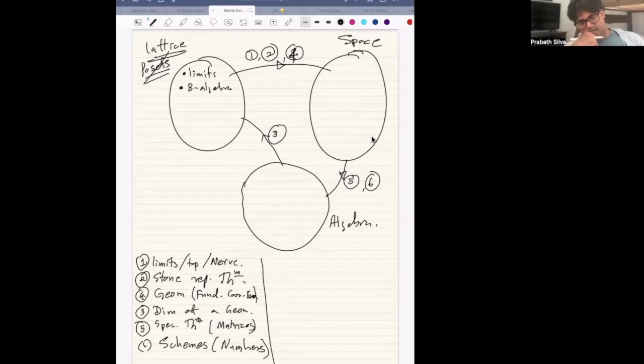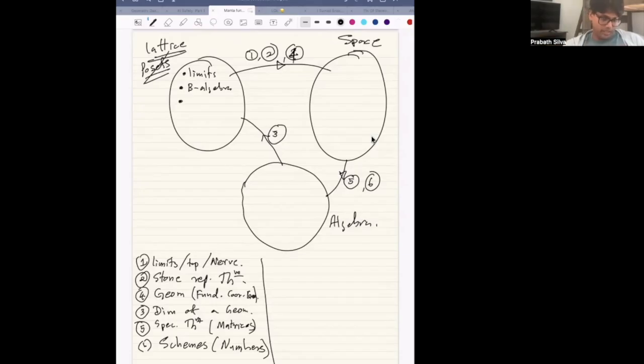Okay, and then if the space is a vector space or a Hilbert space, then you land in the non-commutative setup of algebras.